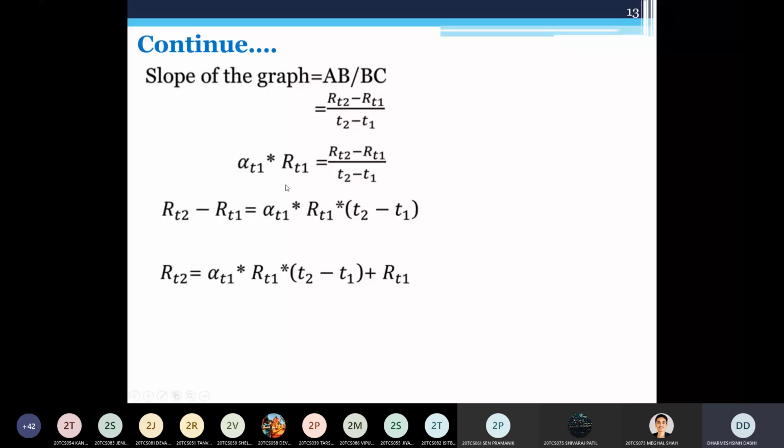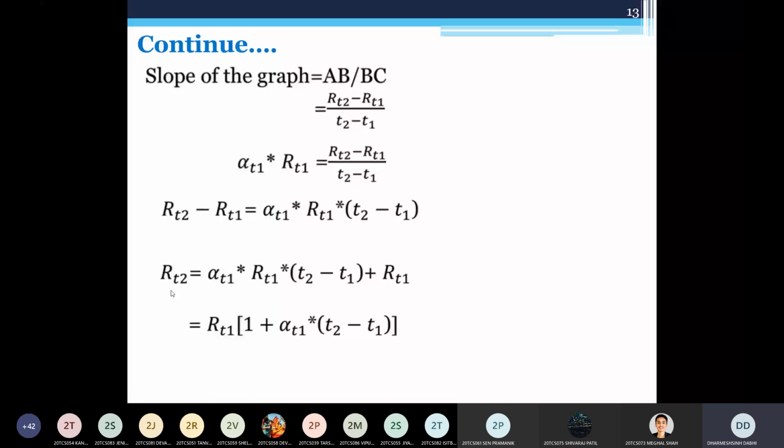You can see here this RT2 minus RT1 comes here, then this T2 minus T1 is multiplied with alpha T1 into RT1, so that becomes this. After simplification, you can make the equation of RT2. So based on this equation, if you know the temperature difference, the initial value of resistance at T1 temperature and the temperature coefficient, then you can calculate the new value of the resistance at temperature T2 degrees Celsius.